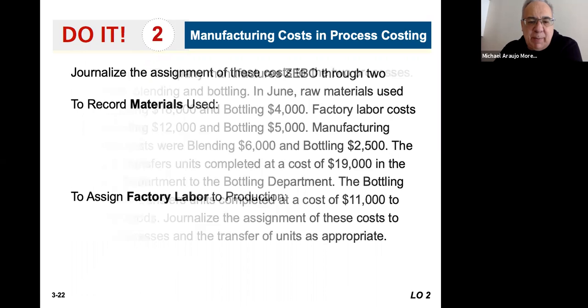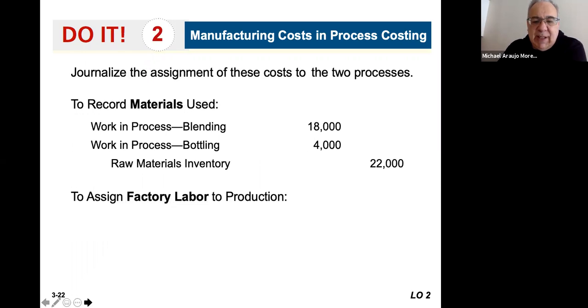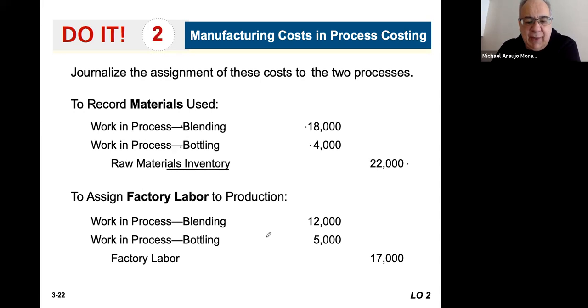So again, the first step is raw materials. We have basically assigned 18,000 of raw materials to blending, 4,000 of raw materials to bottling, and so our raw materials inventory saw a decrease of $22,000, which is why it's on the credit side. Factory labor, we assigned 12,000 of that to blending, 5,000 of that to bottling.